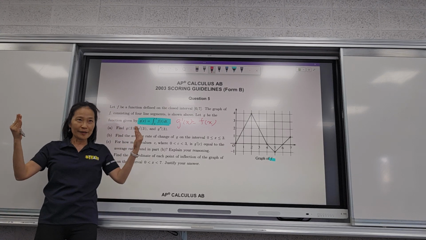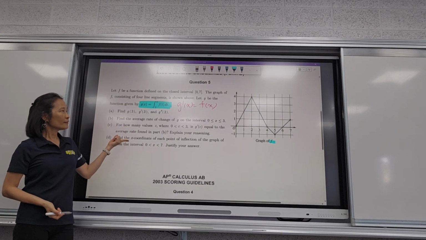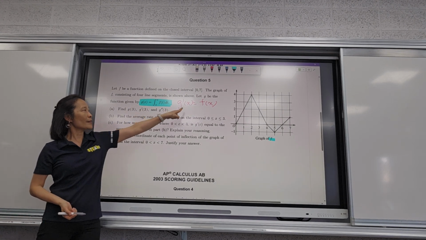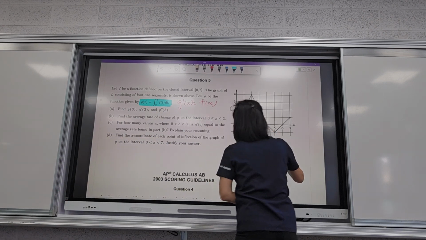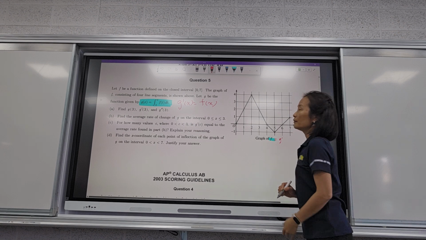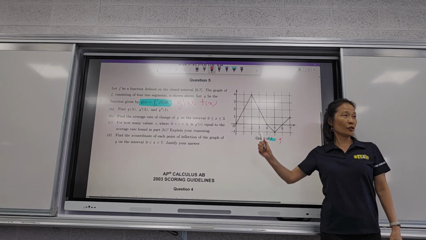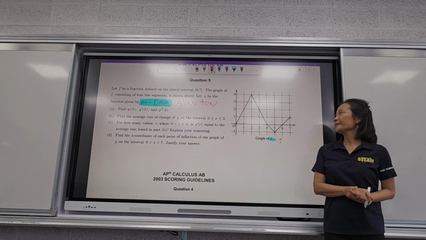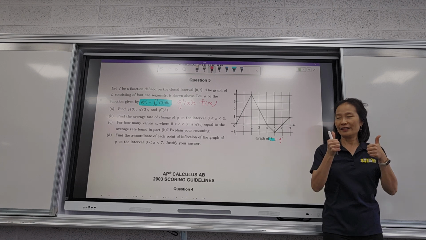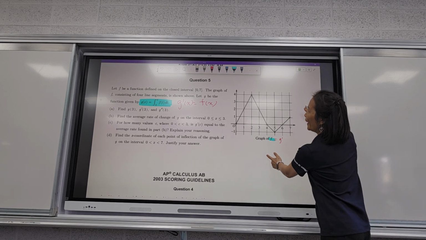Can you remember this? I'm trying to tell you g prime is f. So you're really looking at the g prime graph. All right? This is the derivative of g that you are looking at. Okay, good. So look at A.